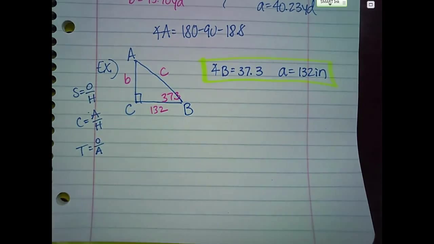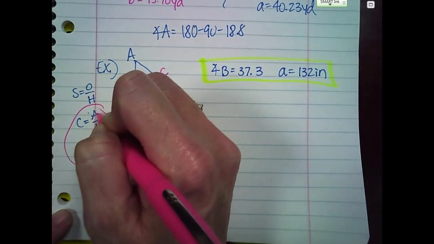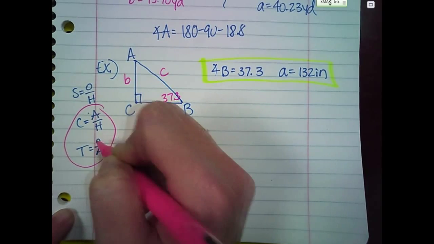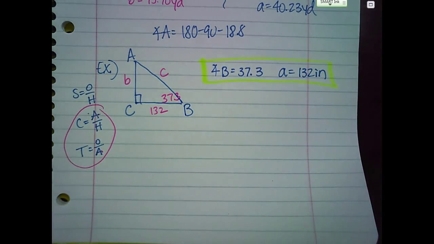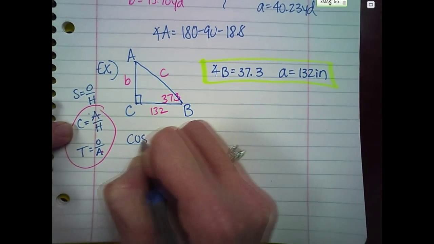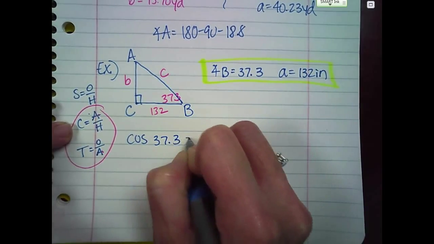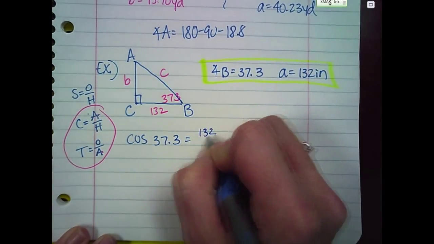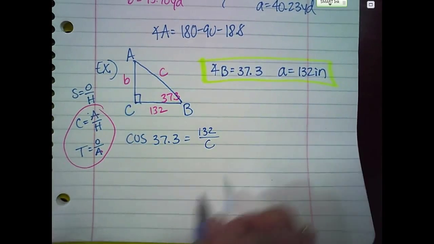So if you're going to use adjacent, these two use adjacent. Here we'll find the hypotenuse, adjacent here we'll find the opposite. Does that help? So now then mathematically, you just say, okay, cosine of 37.3 equals adjacent over hypotenuse. So 132, our hypotenuse is C. Don't get the letters mixed up.